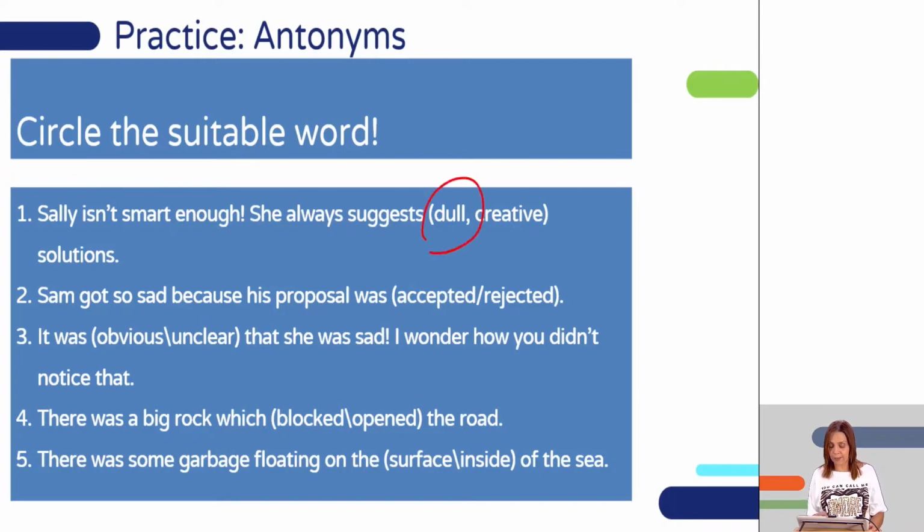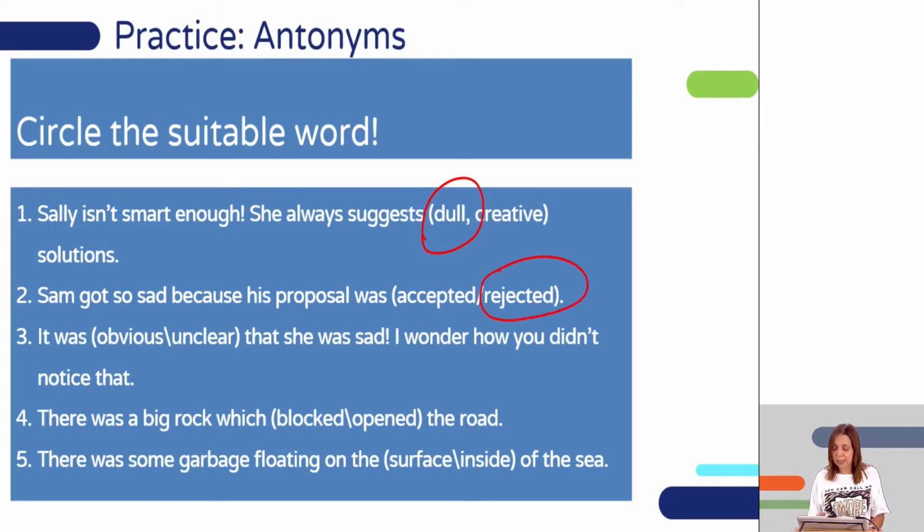You are right. The second sentence: Sam got so sad because his proposal was... So he was so sad. He wasn't happy because his proposal was accepted or because his proposal was rejected. Sure, you are right, which is rejected because Sam was sad.